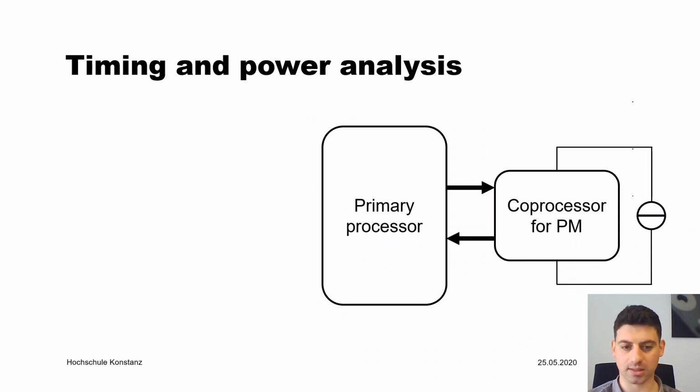I was asked to give an overview of the possible attacks. Hence, we consider first the simple power analysis and timing attacks. Later on, we present the differential power analysis. This figure shows the concept for small embedded systems. As we see, in addition to the primary processor, we have a coprocessor for calculating the point multiplication.